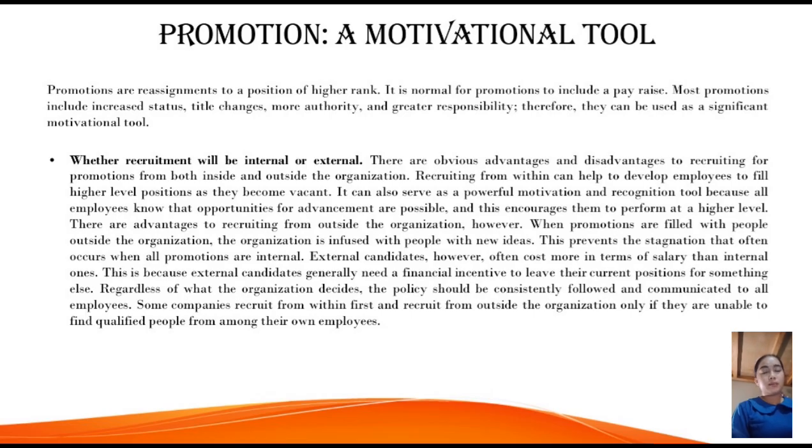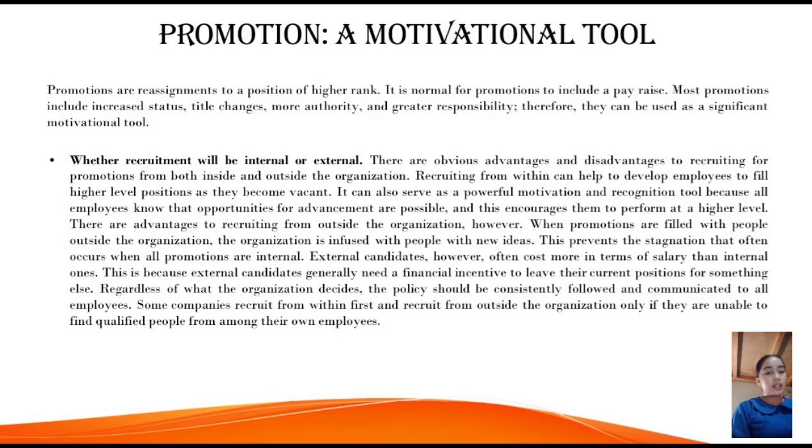So, promotion as a motivational tool: promotions are reassignments to a position of higher rank. It is normal for promotions to include a pay raise. Most promotions include increased status, title changes, more authority, and greater responsibility. Therefore, they can be used as a significant motivation tool. Whether recruitment will be internal or external, there are obvious advantages and disadvantages to recruiting for promotions from both inside and outside the organization.